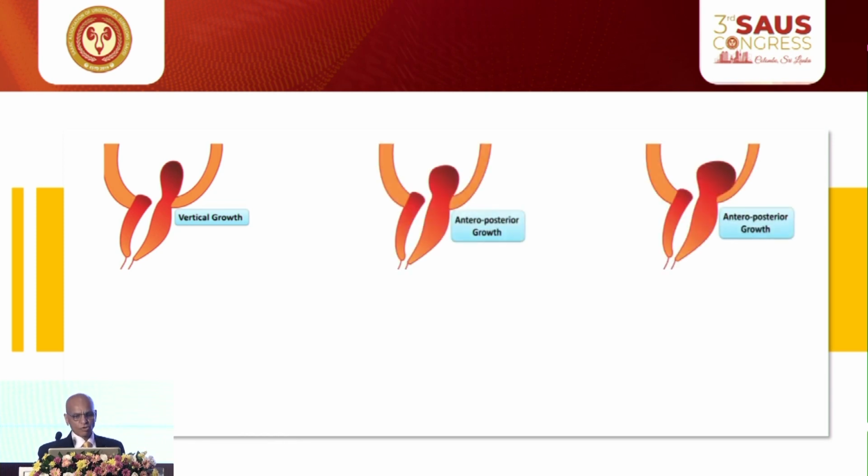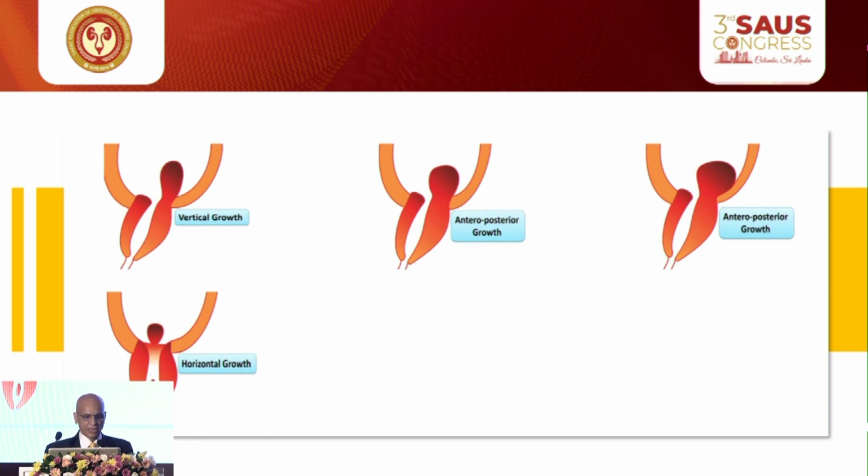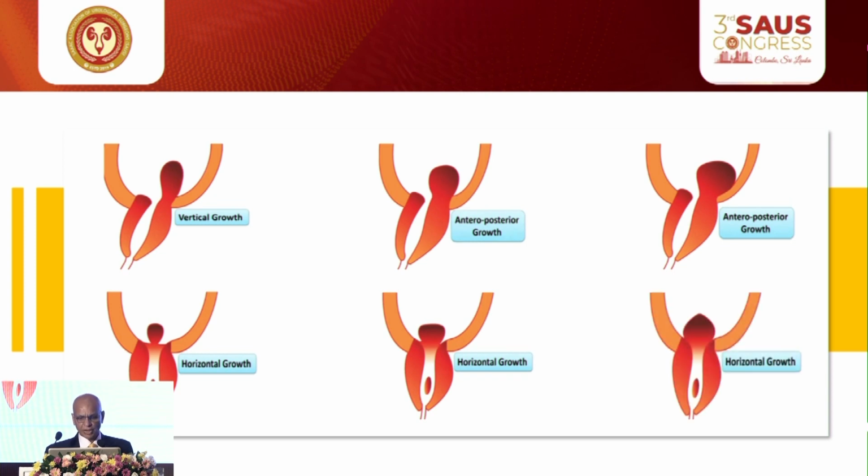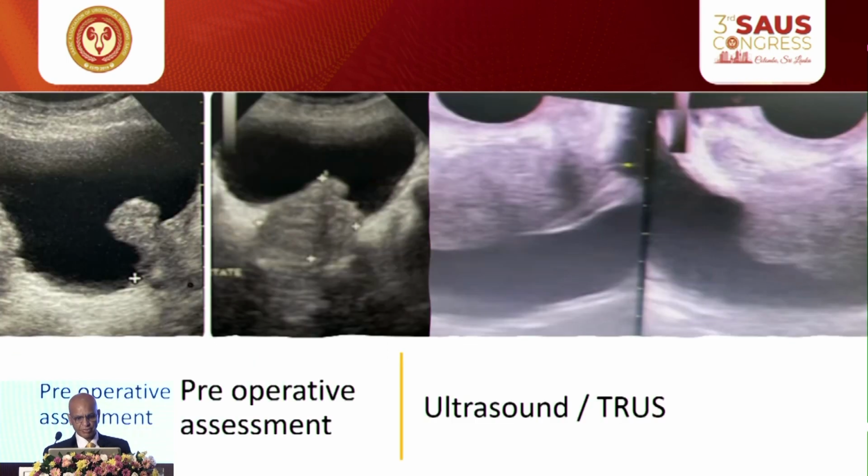There could be an anteroposterior aspect also, or the median lobe would grow extensively within the bladder. Similarly, on a horizontal aspect, it could just be a median lobe with or without growth of the lateral lobes, and of course a much bigger enlargement where both the anteroposterior as well as the horizontal development is there.